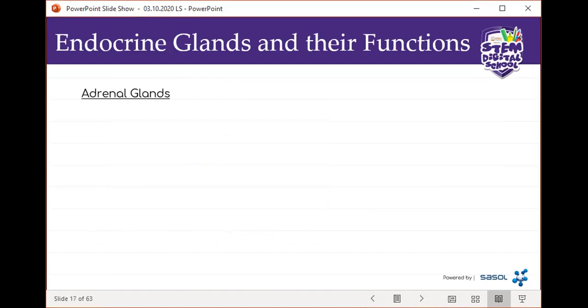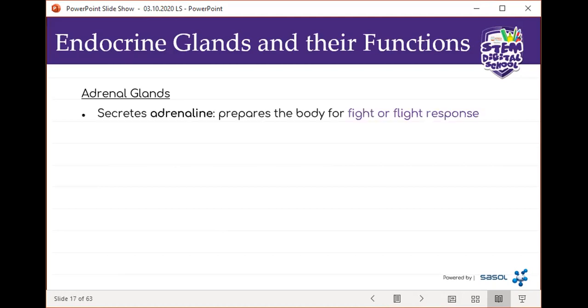Right. Then the next gland that we'll be looking at is the adrenal glands. Okay, so the adrenal glands secrete adrenaline, which prepares the body for a fight or flight response. Okay, so important.